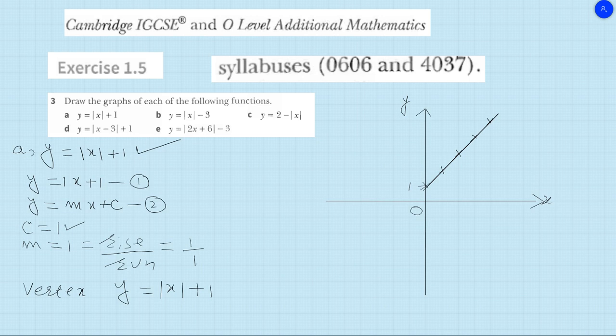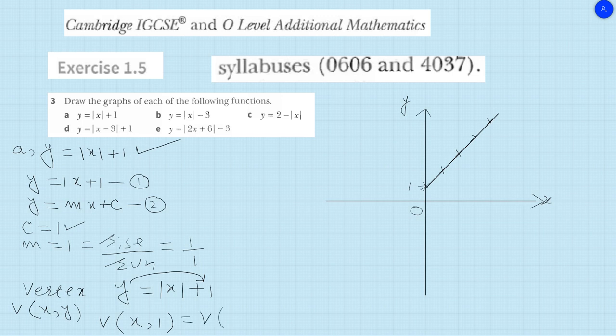Vertex means you need the value of x and the value of y. So the value of y in this case is 1. Easily, y is equal to absolute x plus 1. So this is the value of y. So our vertex is (x, 1).